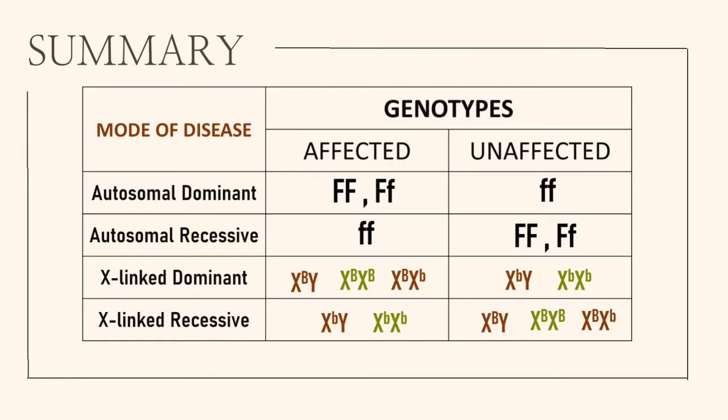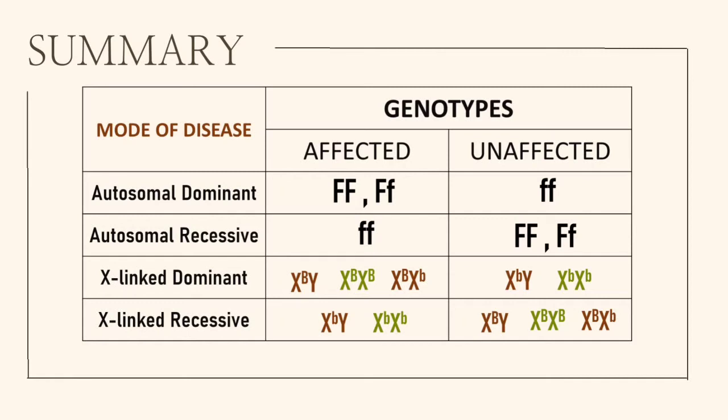Aside from that, for females naman, most probably in X-linked dominant, the unaffected individuals will be having a genotype that is homozygous recessive. Okay? For X-linked recessive naman, we have here small letter b for the males, and then small letter b rin for the females, or what we call the homozygous recessive trait. Okay?